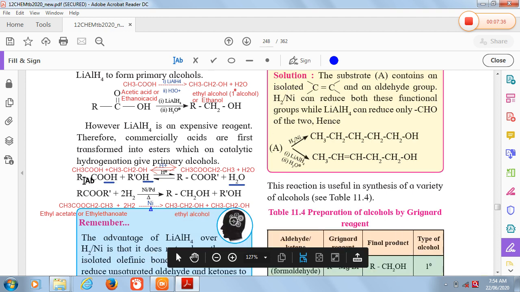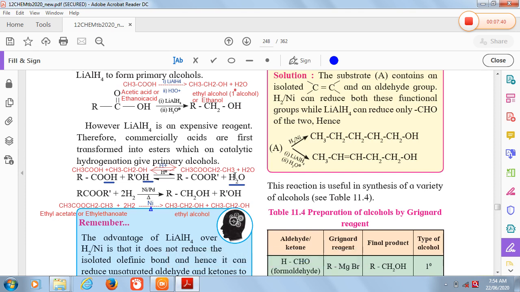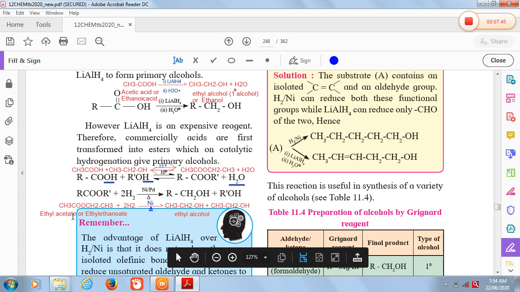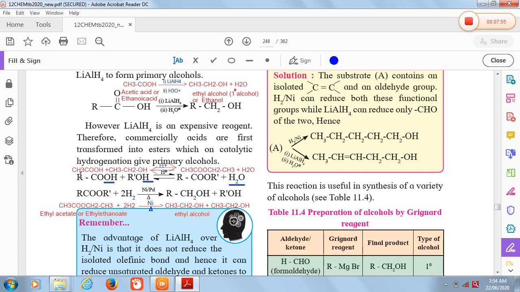So when ethyl alcohol is treated with acetic acid, it gives ethyl acetate. For the IUPAC name, the 2-carbon acid is acetic acid, the parent alkane is ethane, replace the E by OIC acid, so acetic acid is also known as ethanoic acid.